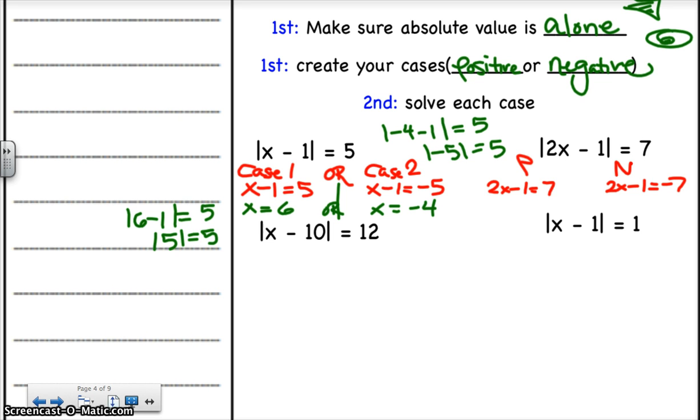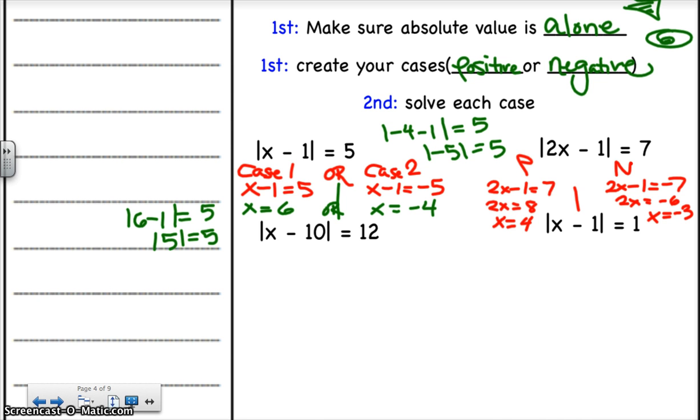Add 1. Now I solve both cases. 2x equals 8. X equals 4. Add 1. 2x equals negative 6. X equals negative 3. Those are my two answers.